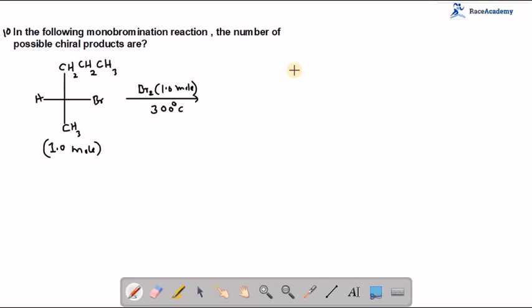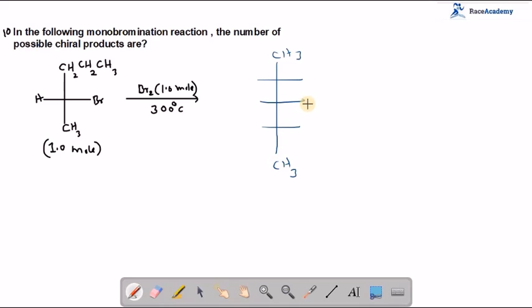For example, the given compound, if we write, how many carbons are there? 1, 2, 3, 4, 5 are there. Suppose this is CH3, this is another CH3.